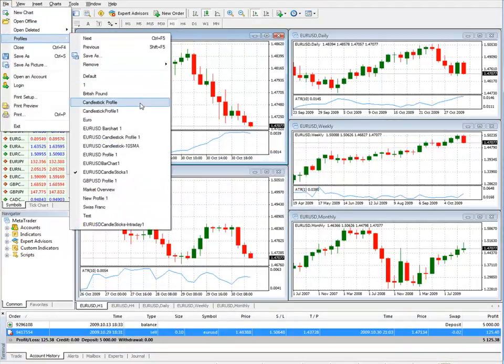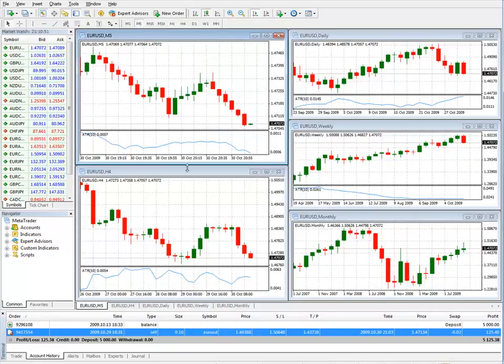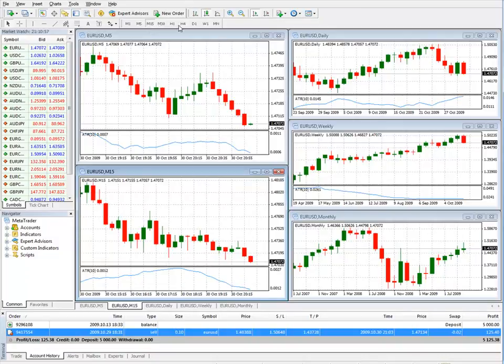So profiles, and let's go down to our candlesticks intraday. There we go. And here, all we have to do is change some time frames. So let's say we wanted to look at a 5-minute chart here and a 15-minute chart there.